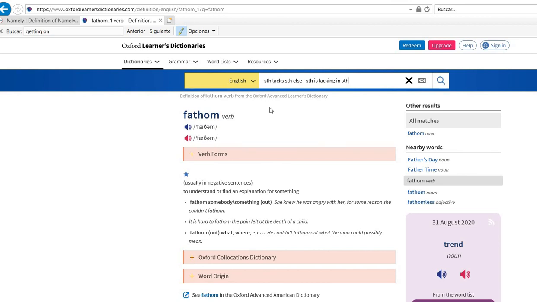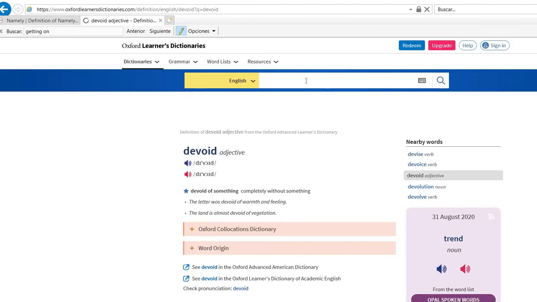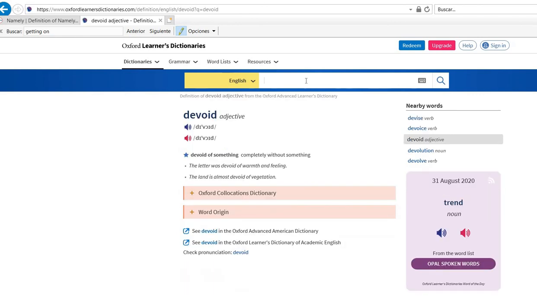You're in desperate need of. Devoid is one that maybe you're not familiar with. Devoid of something, meaning that it doesn't have something. Devoid of warmth, devoid of vegetation. It doesn't have this. In dire need, which is in desperate need.